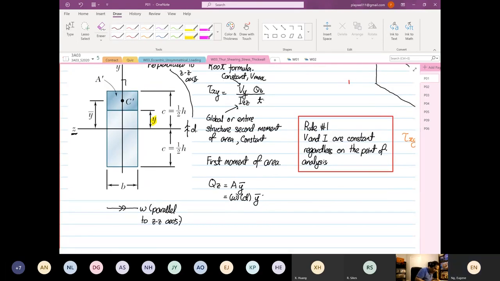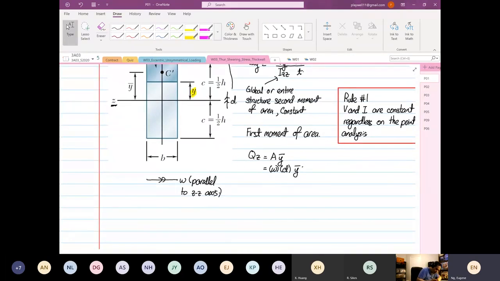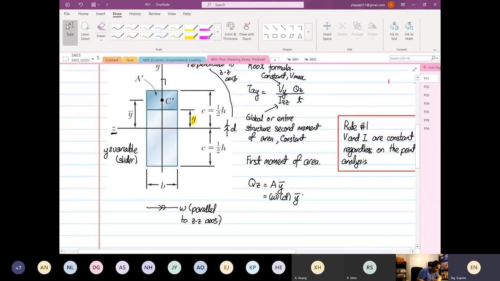Y down here is your variable, or our slider. You can move from 0, from the centroid, and go outwards.